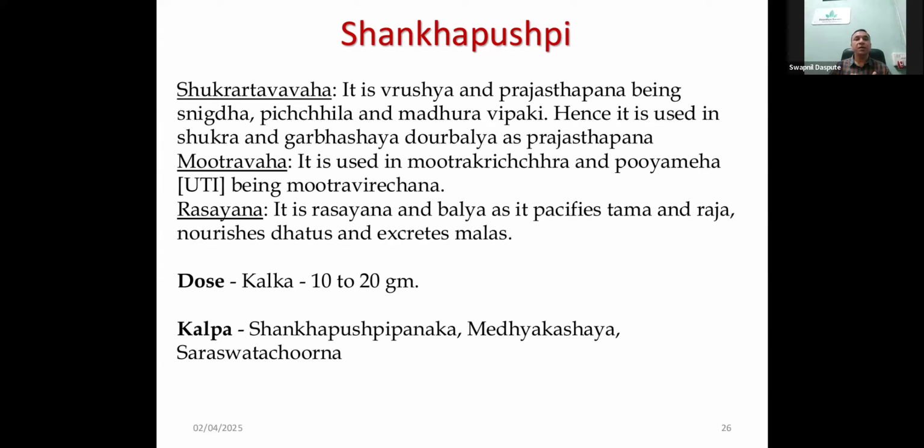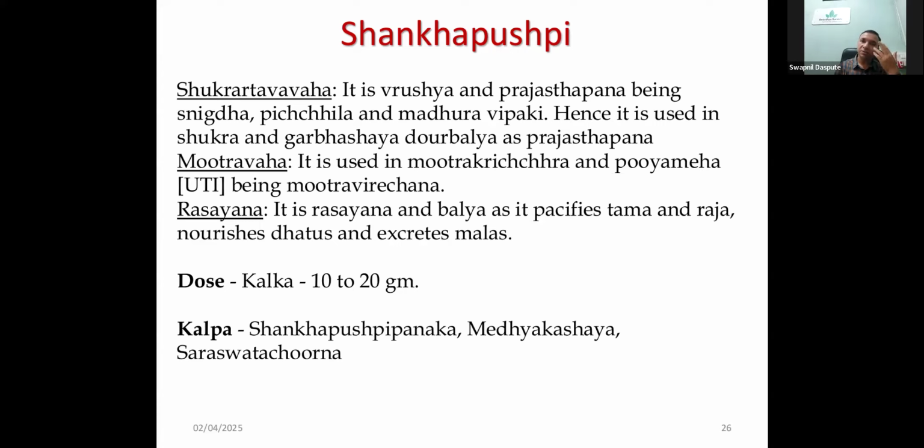So repetitive abortions are there, or there is a previous history of abortions. In that case, Shankapushpi can be used. Because then it will also work on Shukravaha Srotas, Shukra Artavavaha Srotas, and also on the psychology, on the mind as well. Or premature ejaculation, for example, in case of male.